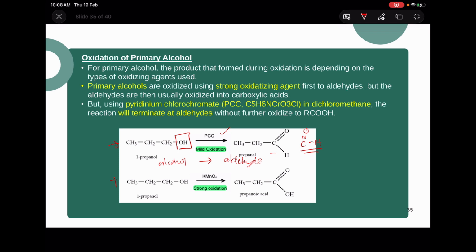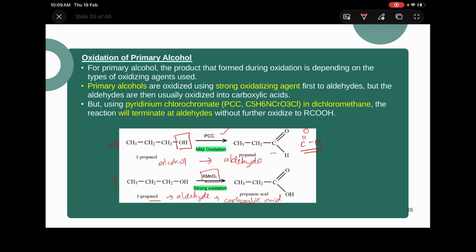Meanwhile, if you use the same alcohol but use a strong oxidizing agent, for example potassium permanganate, the alcohol will oxidize first to aldehyde and then continuously oxidize into carboxylic acid.